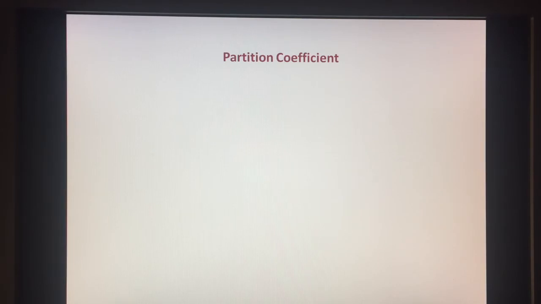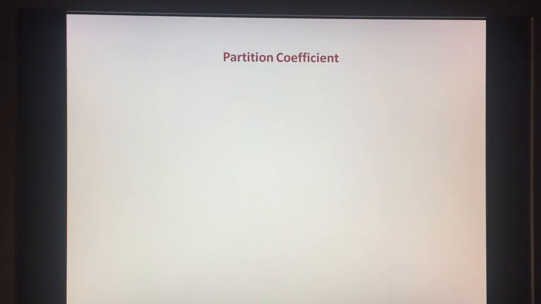Now in today's video, we will start with another important parameter, that is the partition coefficient. Now it may happen that the unionized form of a drug also shows low lipid solubility. In the previous video on pKa value, we discussed that the unionized form and the ionized form are determined by the pH, and it was assumed that the unionized form is a lipid soluble form and it easily crosses the biological membranes.